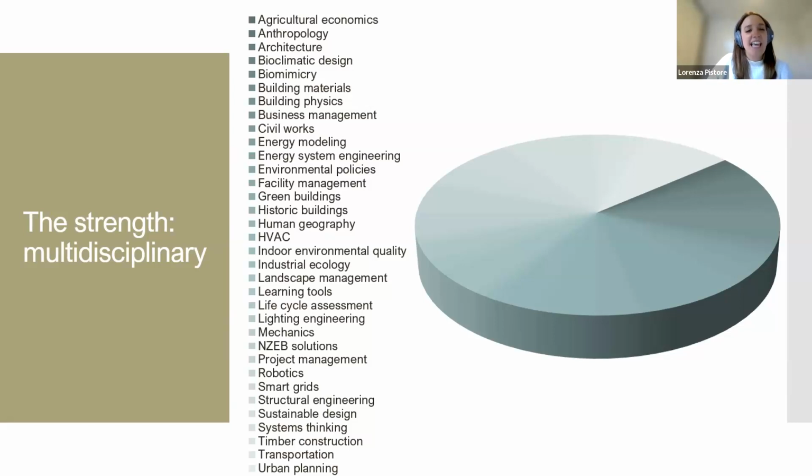As you can see, all the researchers and industry representatives involved in the action had a wide range of skills and disciplines, from of course architecture and engineering, to agricultural economics, environmental policies, energy modeling, energy systems, but also industrial ecology, landscape management, life cycle assessment, sustainable design, and aspects related to construction, transportation, and urban planning.